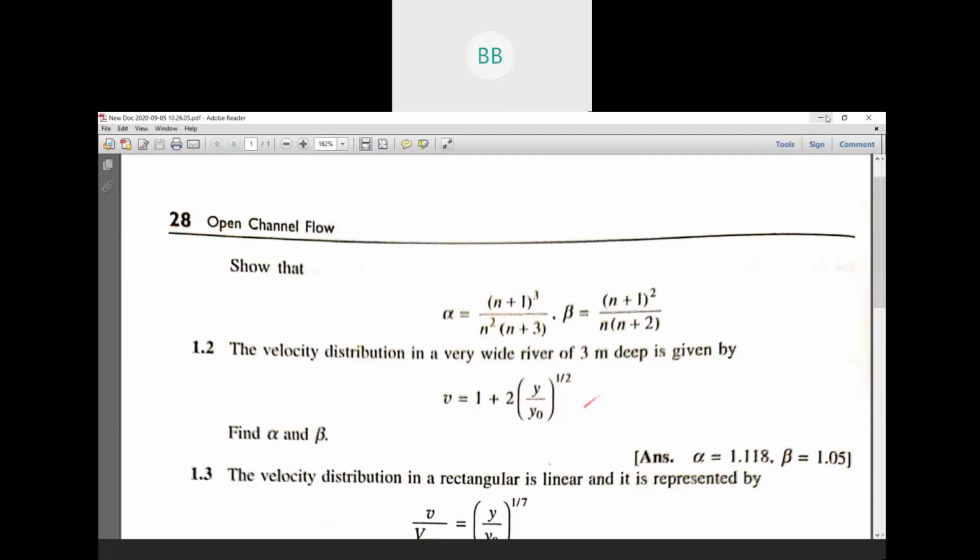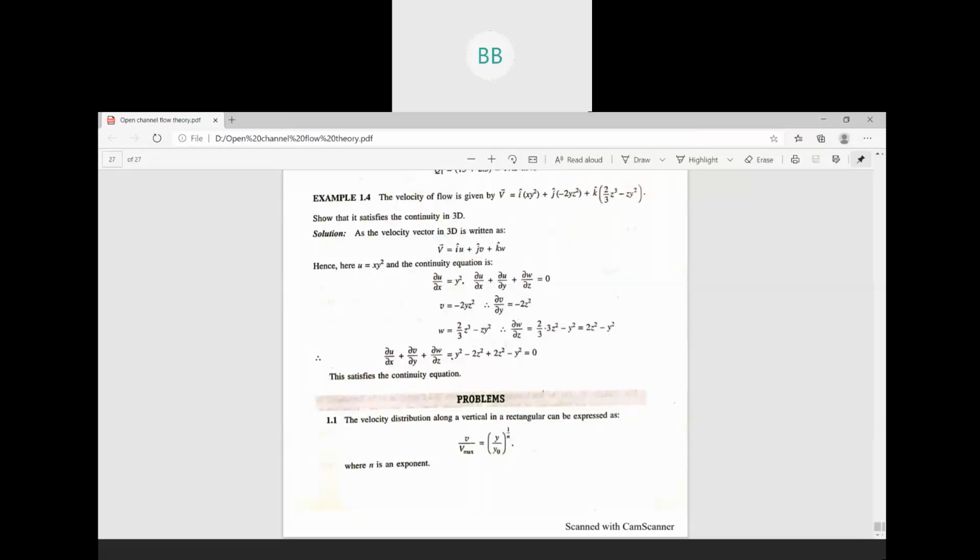The question was this, that is 1.1: the velocity distribution along a vertical in a rectangular channel can be expressed by this equation, v by vmax is equal to (y by y naught) to the power 1 by n, where n is nothing but an exponent.